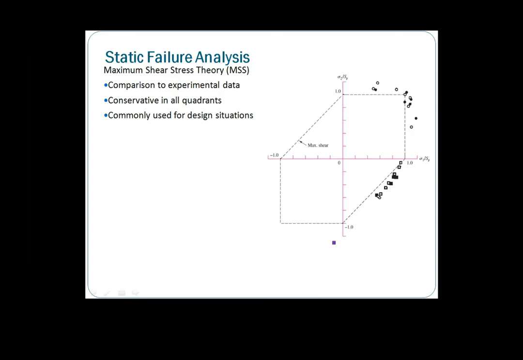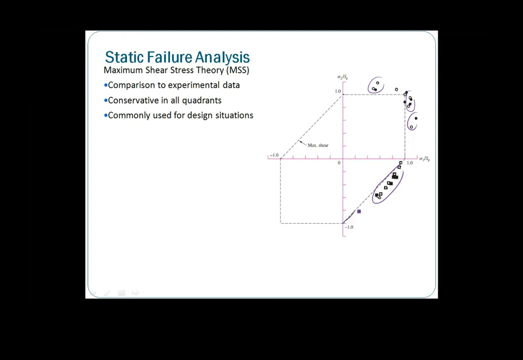Then we compare back to the experimental data, the actual test data, when it failed. When you compare to this experimental data, the theory is conservative. What it means here is that these data are all failed data, right? It has very good predictions, but the data is far away from that particular line.